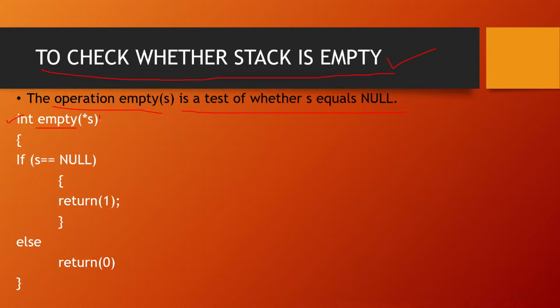We are passing the address of the top element of the stack. If s is equal to null, return 1, else return 0. If this function returns 1, the stack is empty. If it returns 0, there are some elements in the stack.